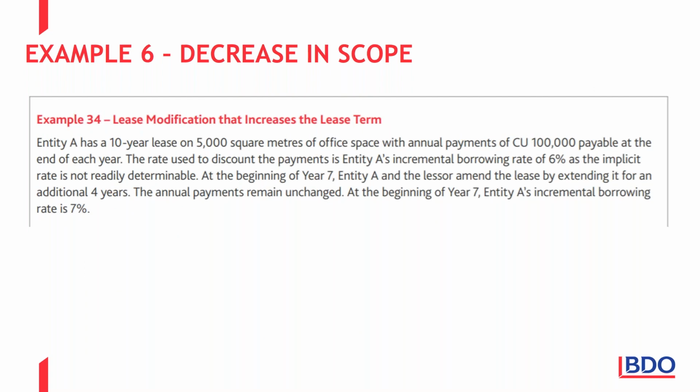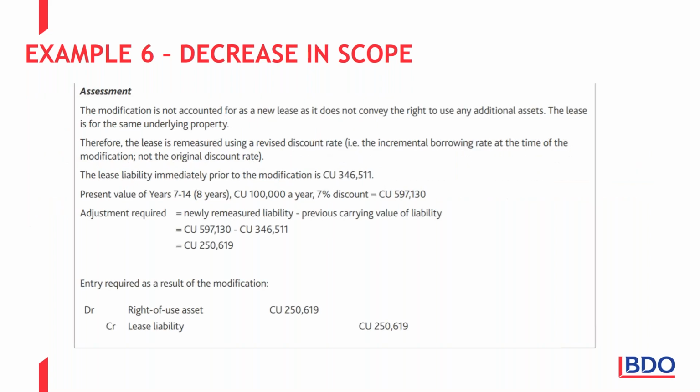So in this instance, we would argue that although there's no change in the scope, the lease term is extending, we're not paying a fair price for it, and therefore the modification is not accounted for as a new lease, it's actually accounted for as a separate lease.